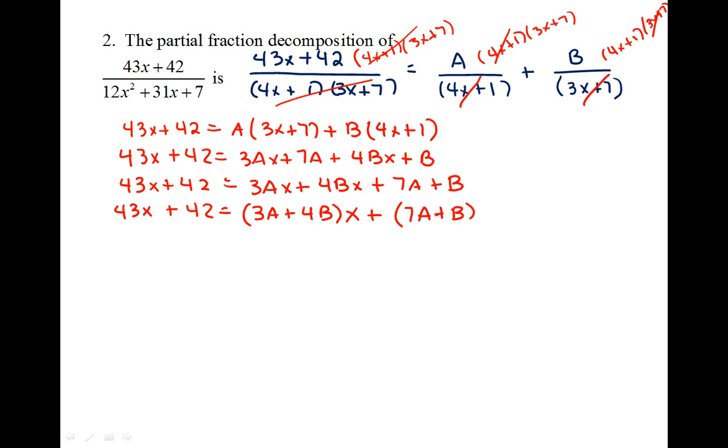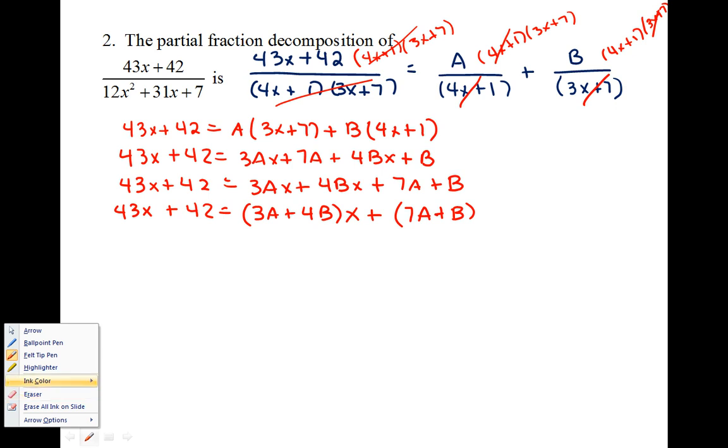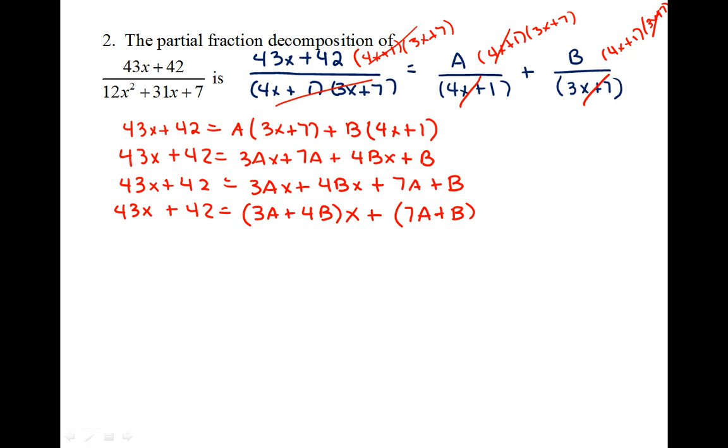And your 42, which is your constant, must equal your 7a plus b because that's your constant term. So we have two equations that we can set up now. So that means that 3a plus 4b equals 43, and 7a plus b equals 42.